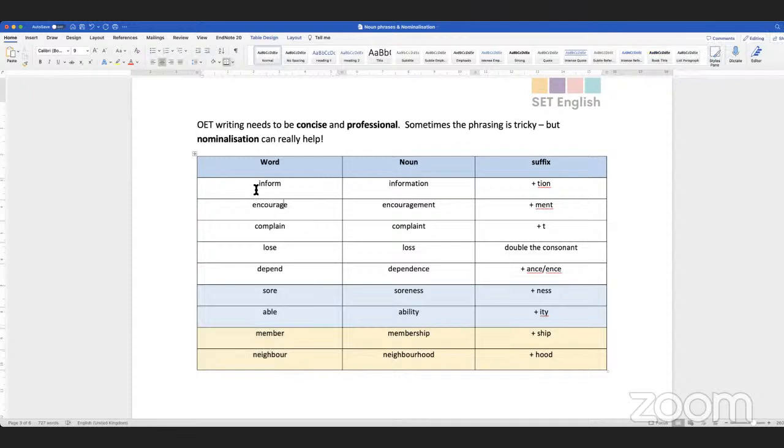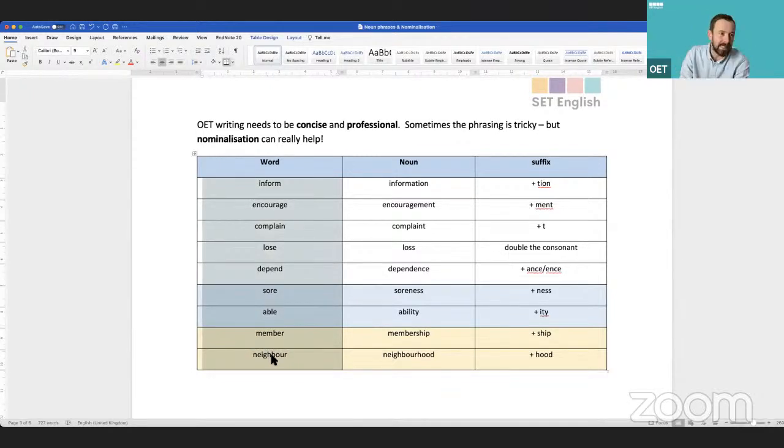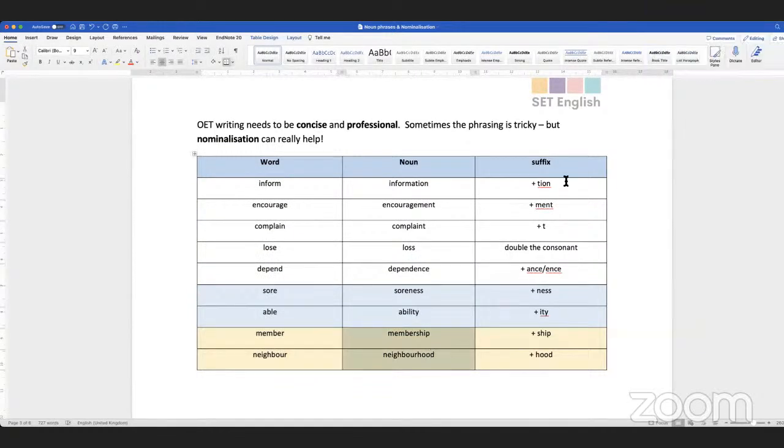Yeah. So the whole point of this table, I know it's really easy in this case, and I'm sure you guys would find the noun for them, though sometimes this one can be a problem. And same with complain, sometimes can be a problem in writing. What I'm trying to show you is that verbs can become nouns, adjectives can become nouns, nouns can become different nouns. And these aren't all of the suffixes that exist.